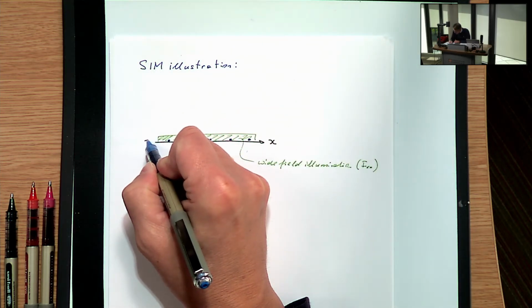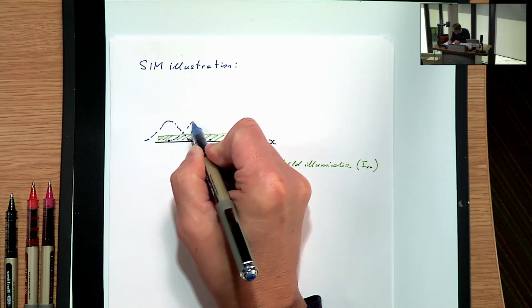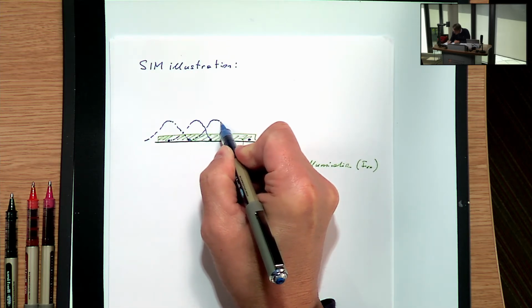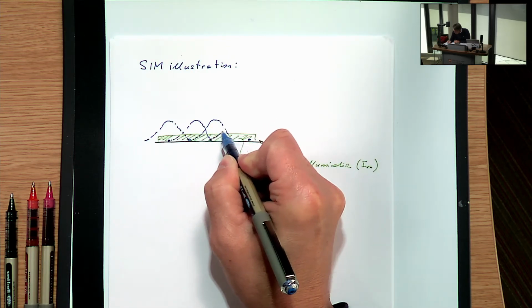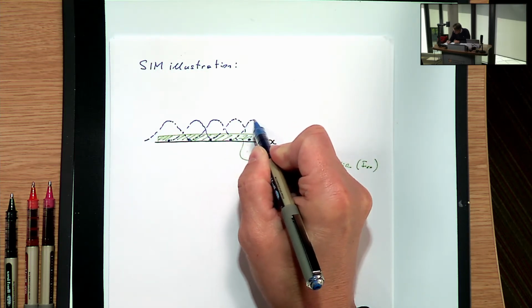So let's draw this one. This one will have a PSF like so, and this one perhaps something like so. And this fluorophore here will have a PSF that may be like this, and so on. I just draw this in, and this one will have something like this.